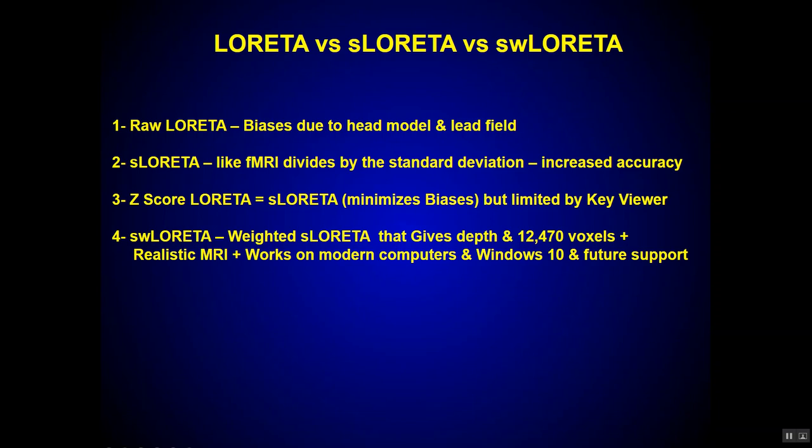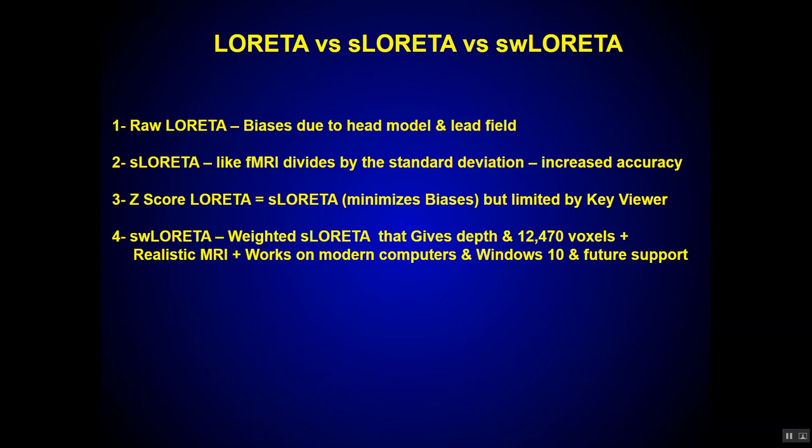sLoreta gives you zero localization error, and it divides the current by the standard deviation of each of the voxels of the entire volume. So it's like functional MRI, which gives you a probability measure, essentially, of the currents being generated inside, or the amount of blood flow going on inside a collection of voxels, in which the variability of the sources is important.